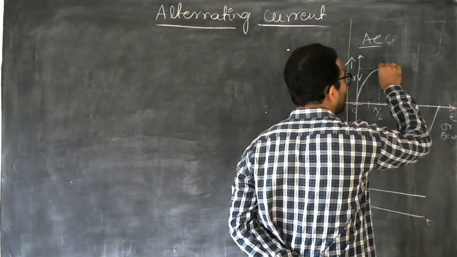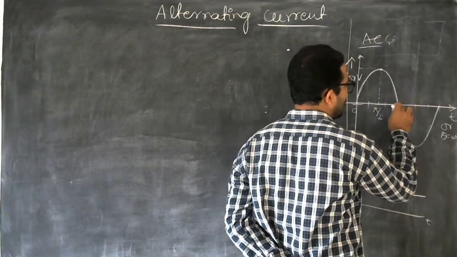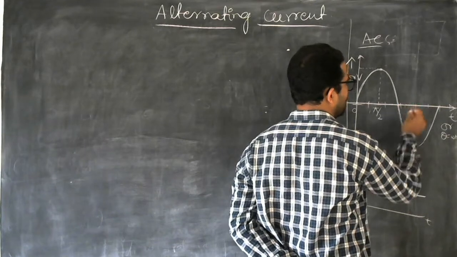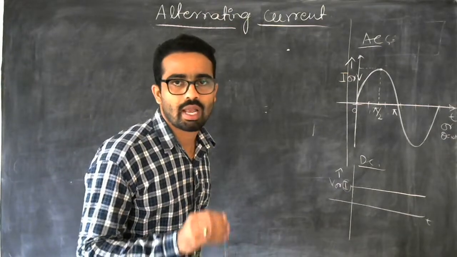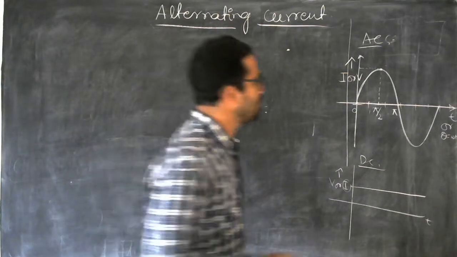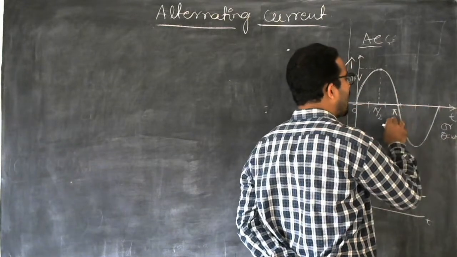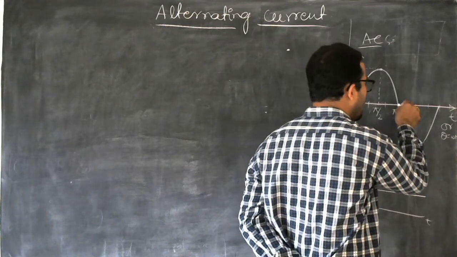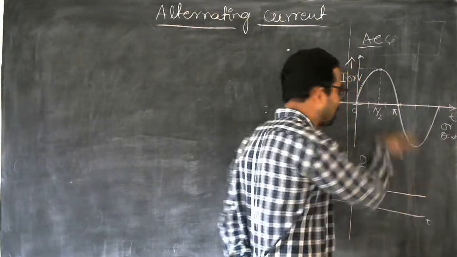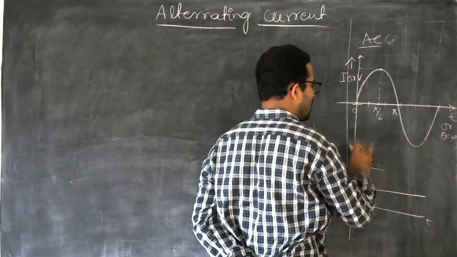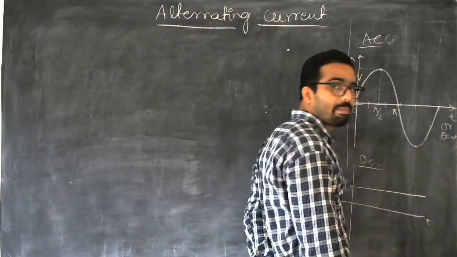Again the graph increases, but in the negative axis, where this is positive and this is negative, and it reaches a maximum value here.